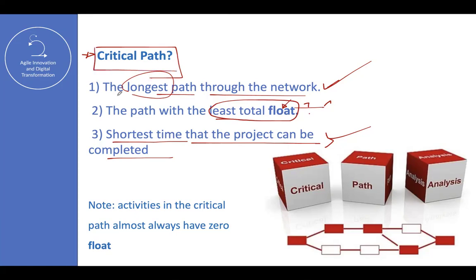Why are you making a lot of emphasis on the critical path? It's because it's very relevant for the exam. So the critical path, one more time, is the longest path through the network. And why the critical path is so important is because you need to prioritize. Remember that in project management, it's about business. It's about optimization of the processes.